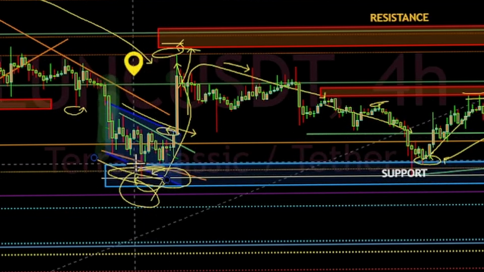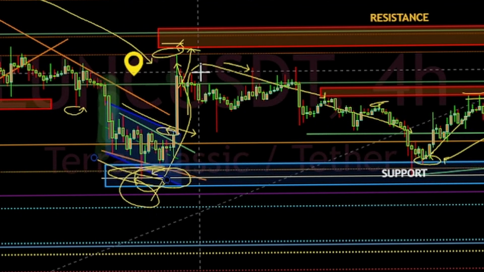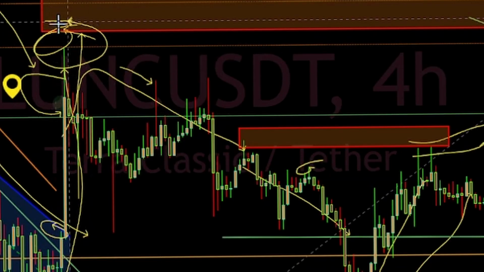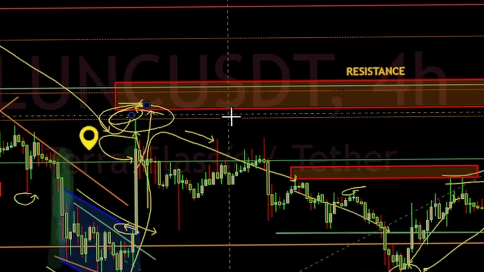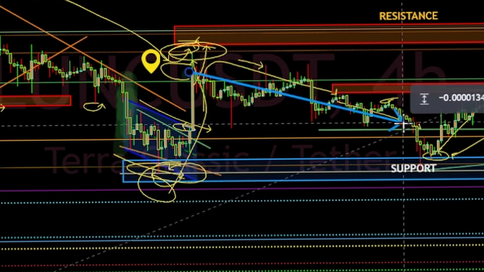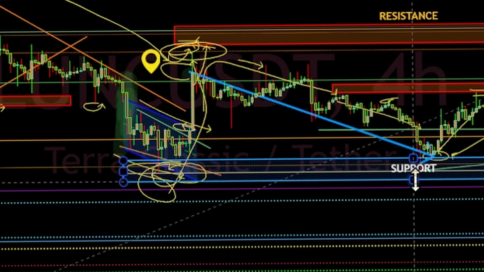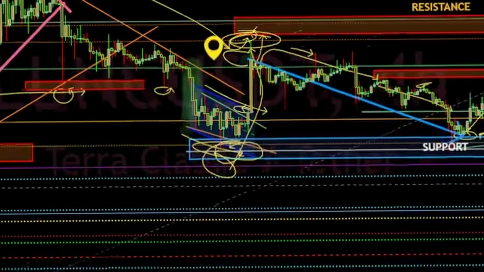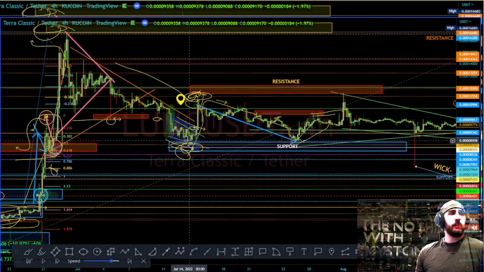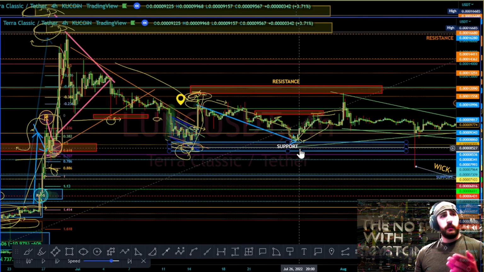But so we got support here, and then we go up, and you can see it wicks out right here, resistance, and down, boom, finding support right here. Again, following this previous support zone. So this prior support level is key because it hit it again.